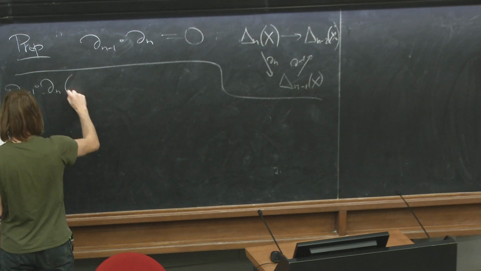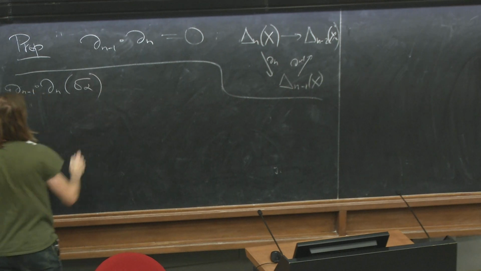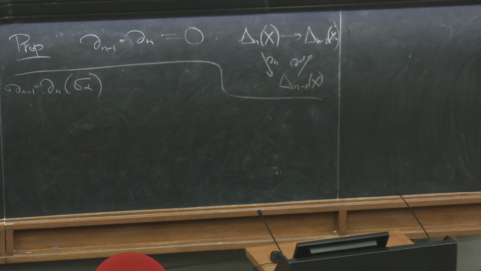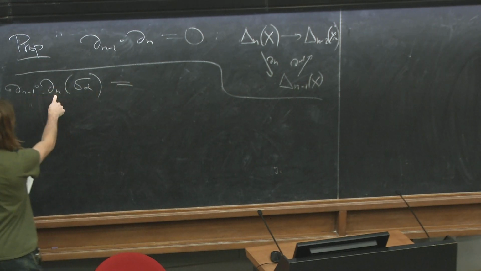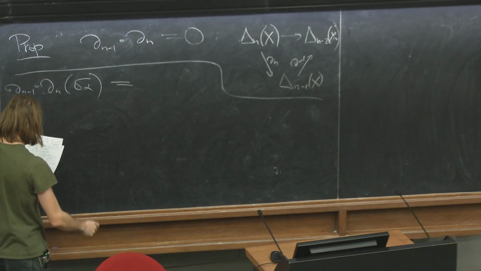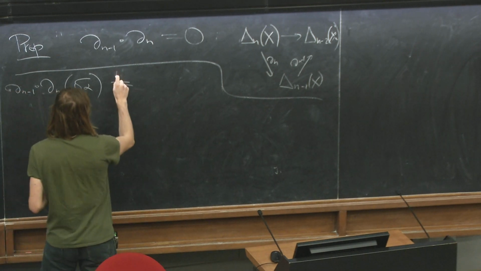So let's take some σ_α, which is a map from an n-simplex to X, and just apply first d_n using the definition.